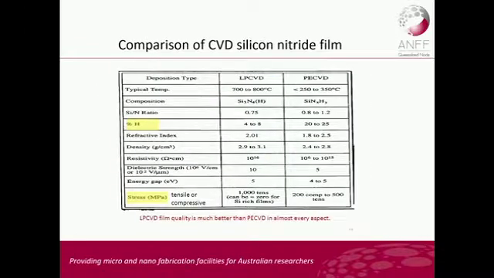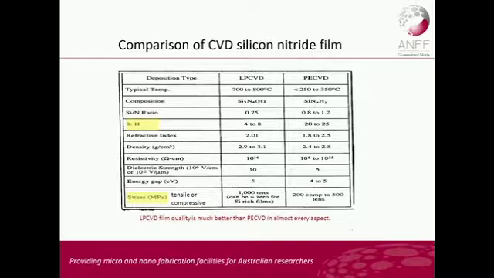Here I compare the different CVD processes for nitride. For LPCVD and PECVD, you can see the temperature is totally different. Another factor we need to look at is the percentage of hydrogen.